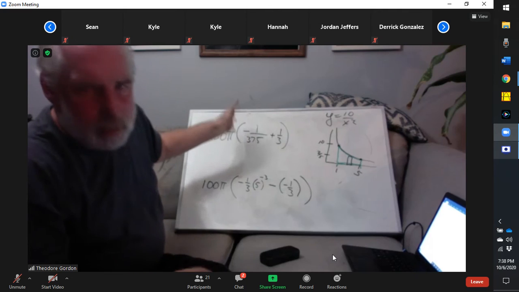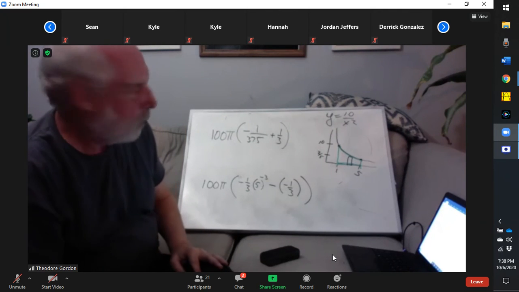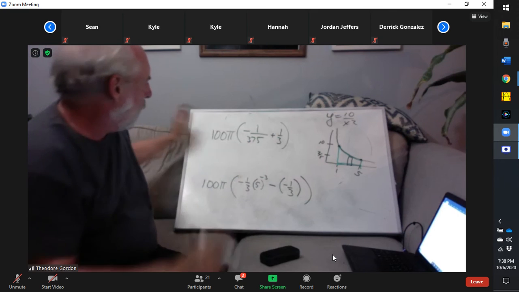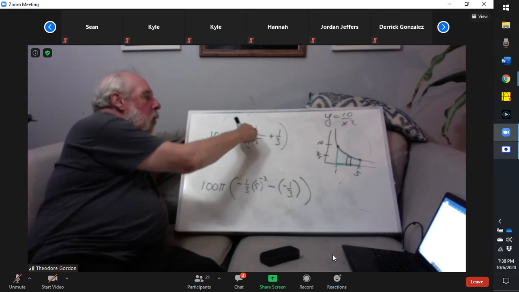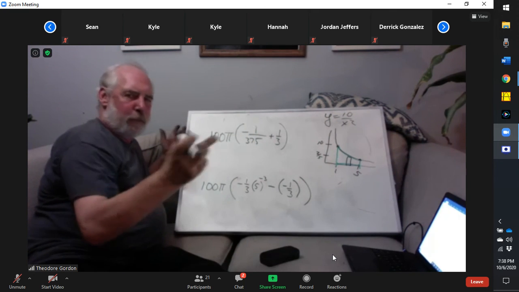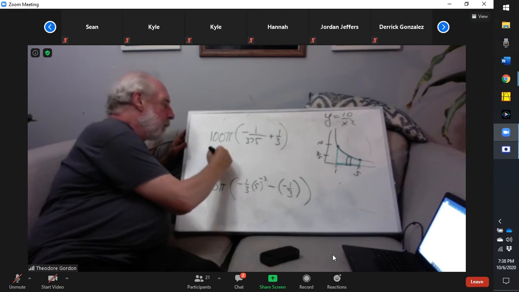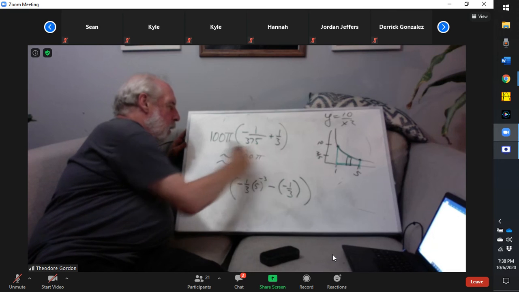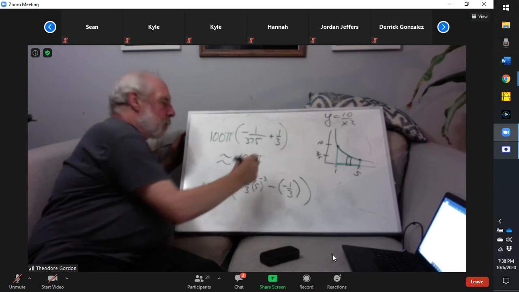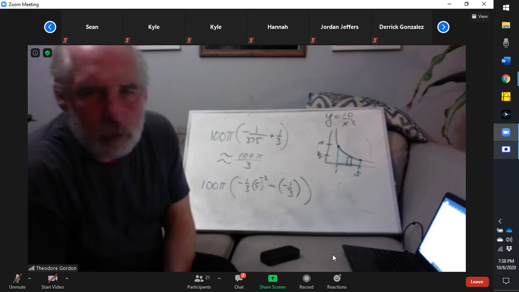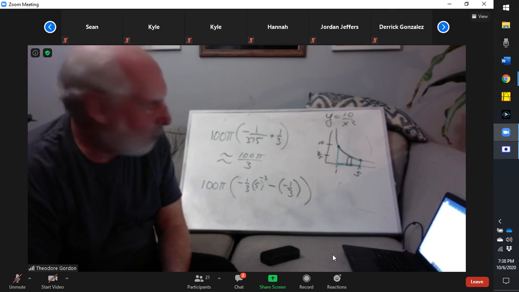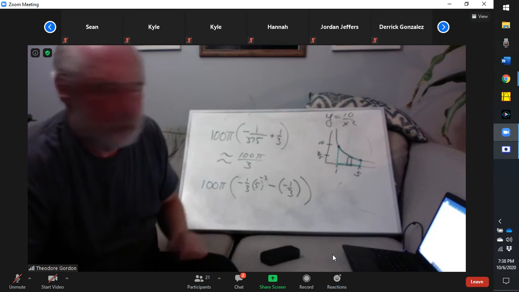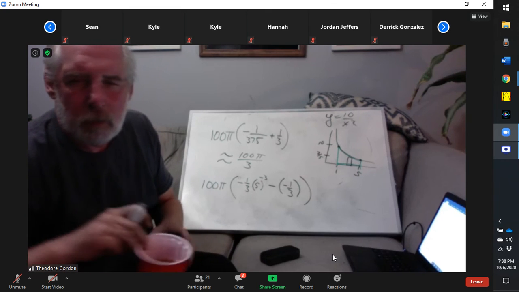And whatever that comes out to, that's the answer. 1 over 375 is very close to 0. So this answer is going to be approximately 100 over 3, and it would be units cubed. So that's part A. Okay with that?